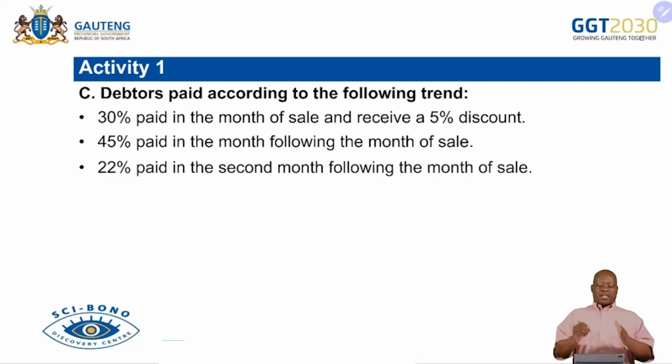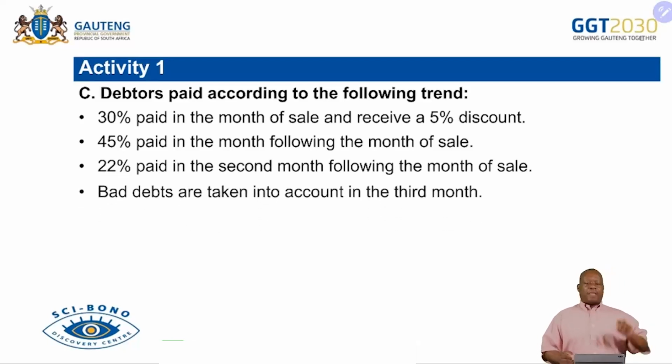So this is the trend that we have discovered: 30% in the month of sale, 45% in the month following, and 22% in the second month. Now, if you add those percentages, 30 plus 45, that's 75, plus 22, that's 97. It means there is a missing 3% there. Please take note of that.